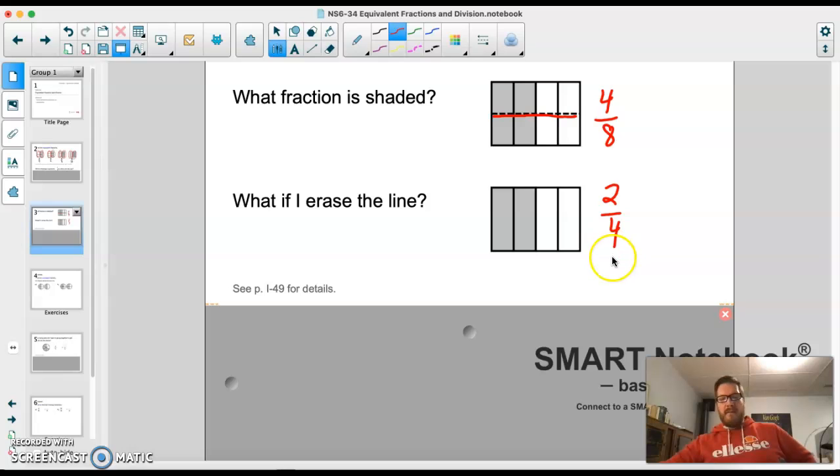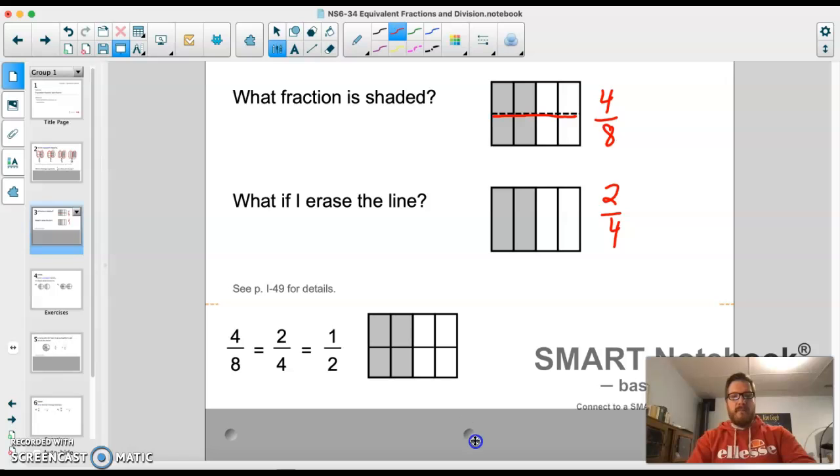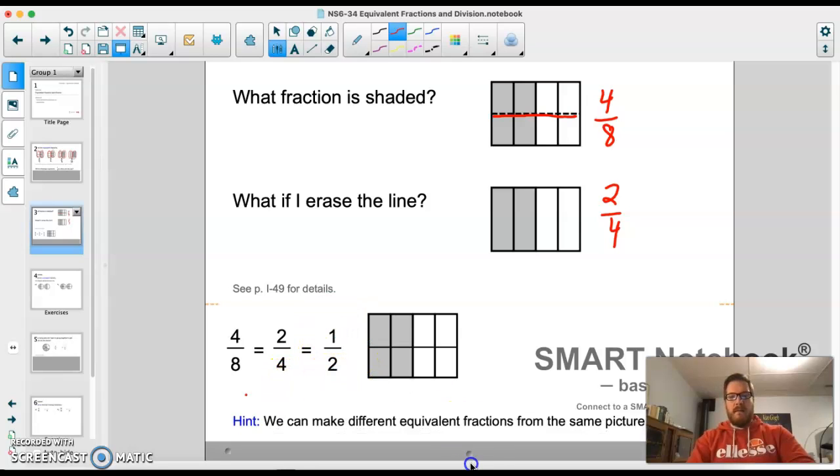Right? And if we were to simplify this down even more, we can get even simpler. We could say, well, this still represents 1/2 or 1 over 2. And that's what it says here, that 4 over 8 is the same thing as 2 over 4, which represents 1/2. So we can make equivalent fractions from the same picture.